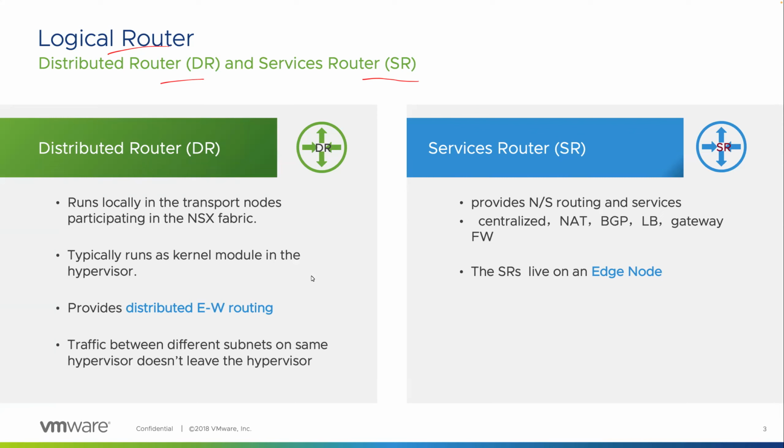Because NSX is a software-based network, we have to handle distributed transport nodes, right? We have a lot of ESXi hosts, and a lot of distributed transport nodes where there's the vSphere kernel, NSX kernel, or we can call it the hypervisor, distributed on every transport node.